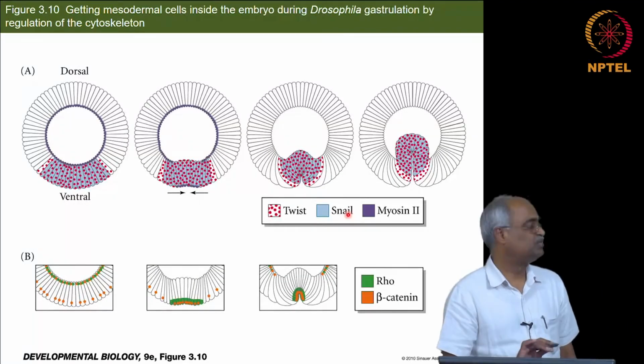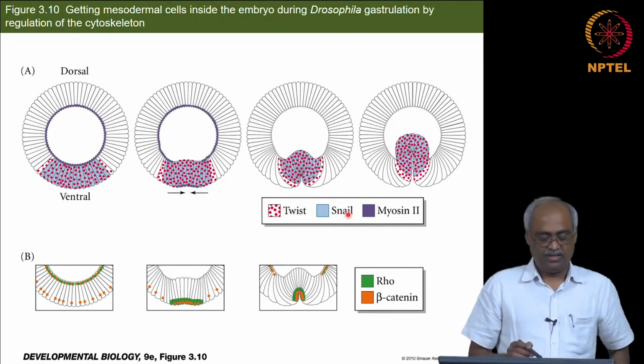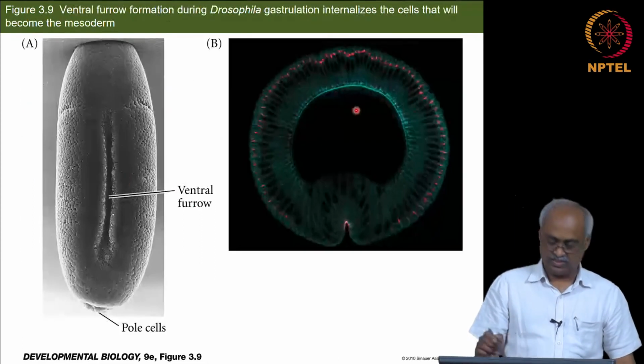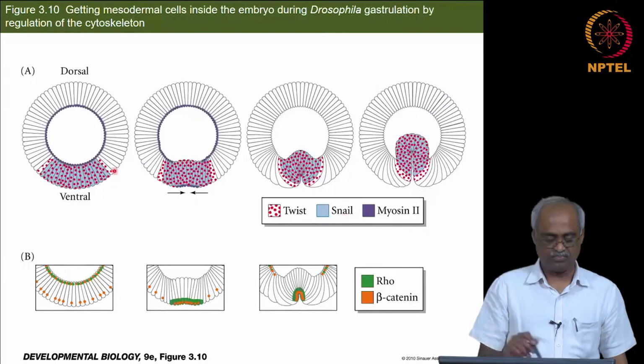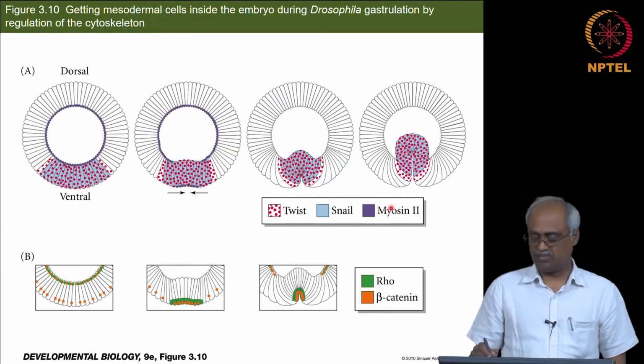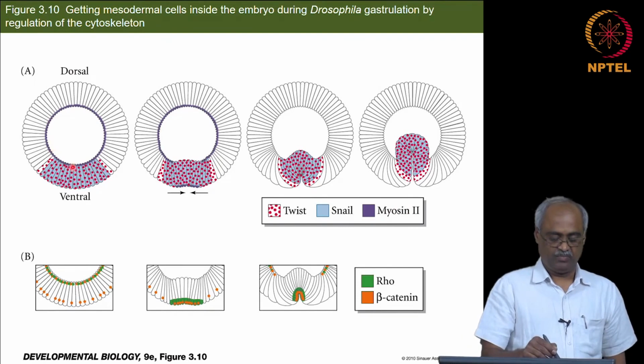Yeah. So, this gives you a good idea of how these changes happen. This is the same cross section, at an earlier stage than when this invagination becomes visible. Here you have, for example, this non-muscle myosin equivalent, in the fly myosin 2, present on the basal surface. Okay.